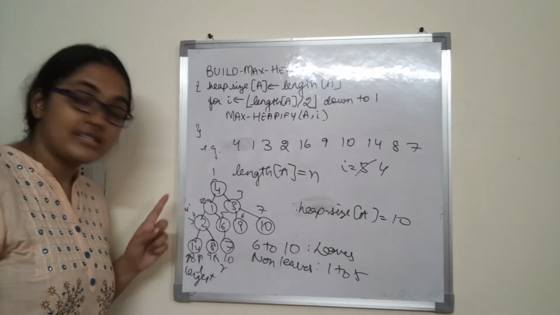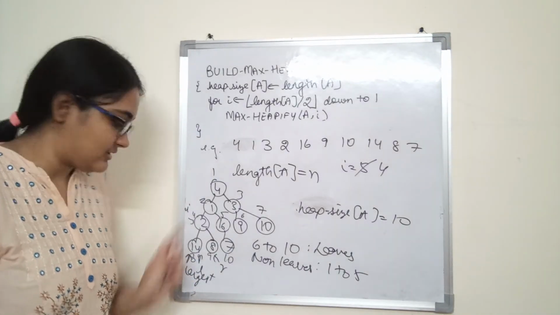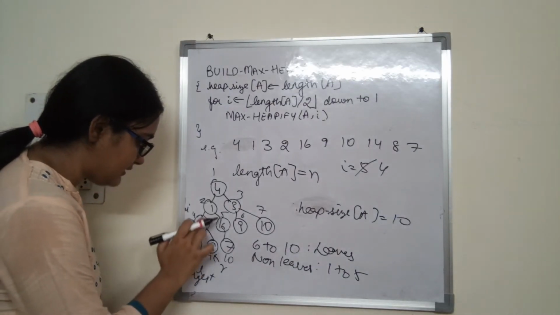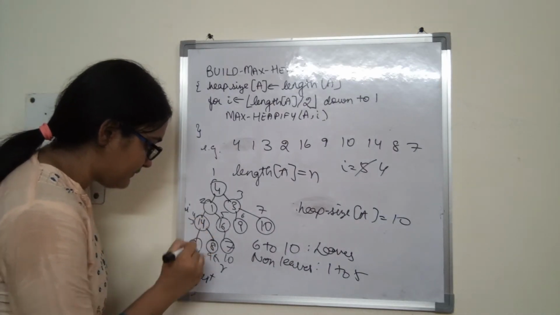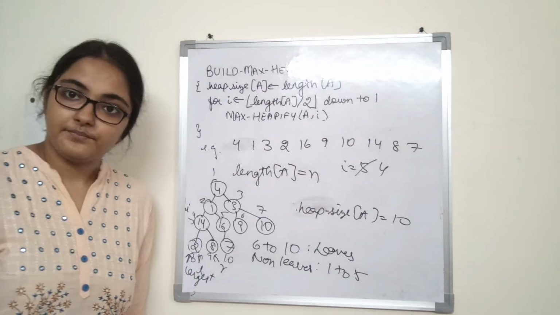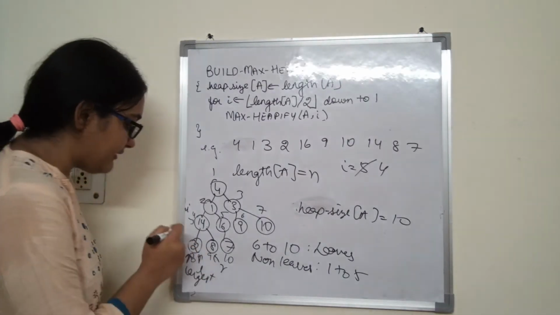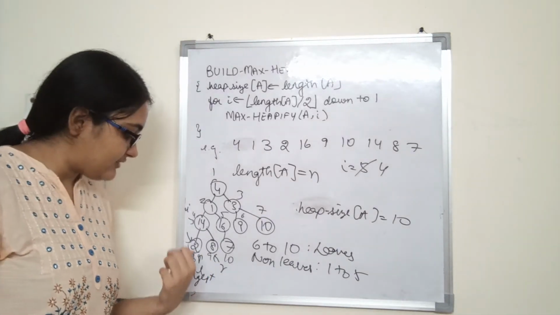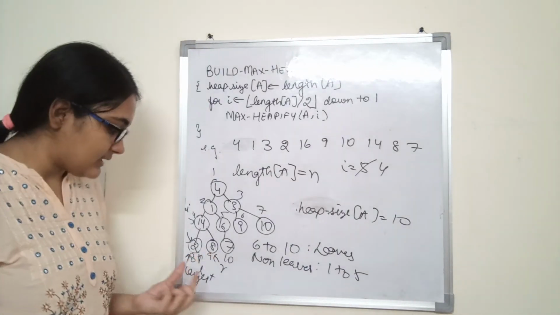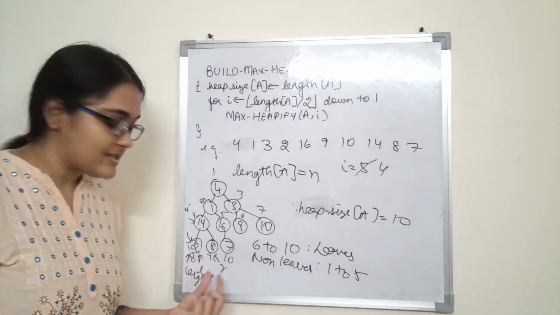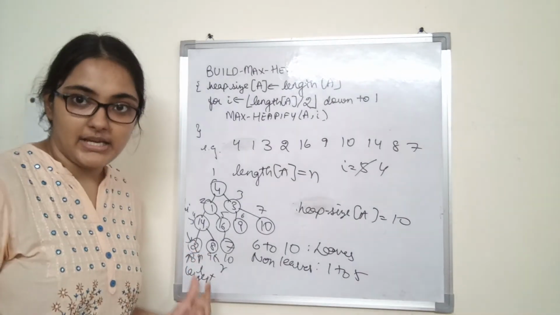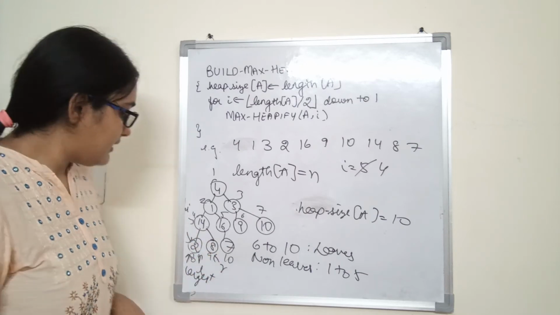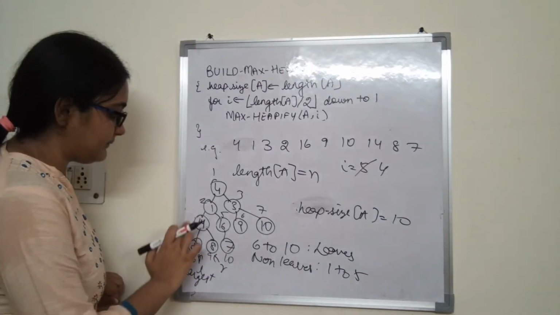And now largest and I are not equal, so we exchange them. 14 and 2 are exchanged, right? Alright. And now max heapify will be called on this. Since the left subtree and right subtree are absent, this will be pointed as the largest, and the largest and I would be equal, so it will stop here.